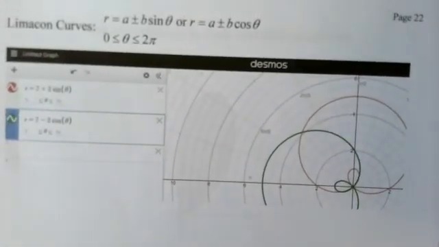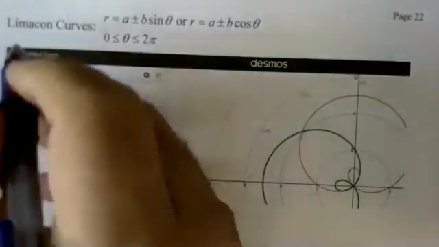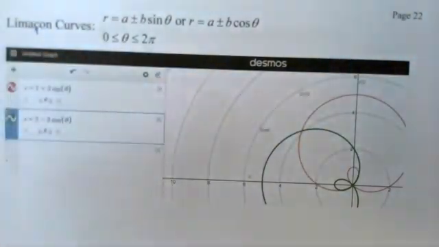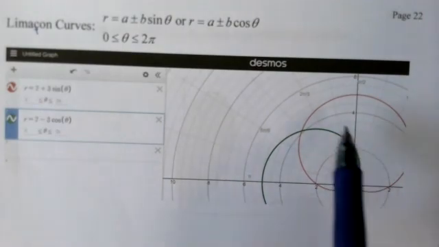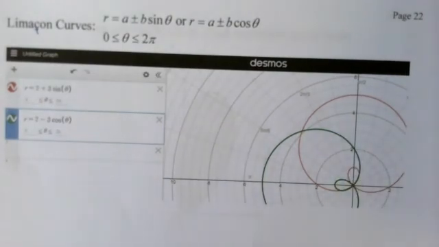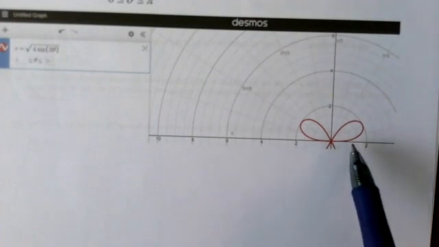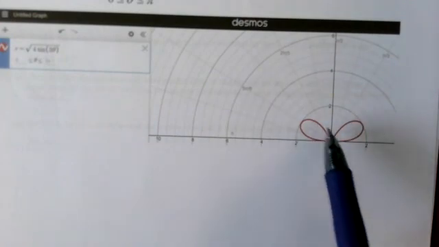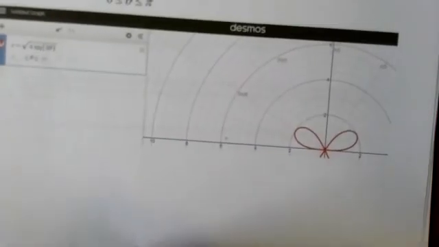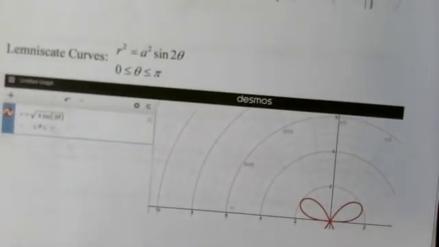Then limaçon curves, which go all the way around with a little dip inside there. Your lemniscate curves, which are just wrapping around multiple circles. I thought we had a race car curve, but that's okay. They're fun.